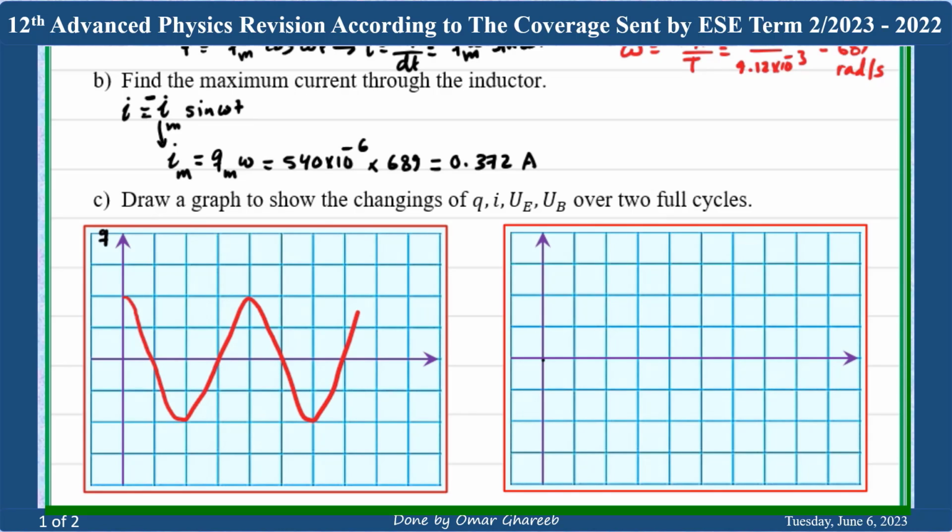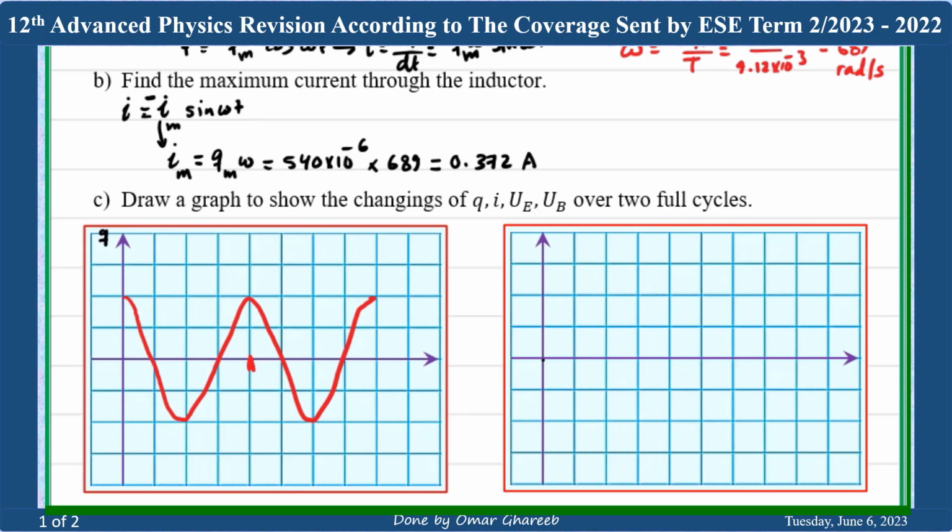I think these are 2 full waves. Now, where is the period? The period for a full cycle is here. This is a full cycle. And how much is the period?